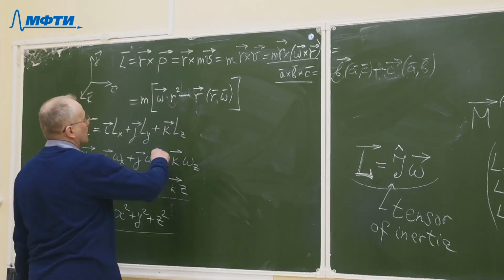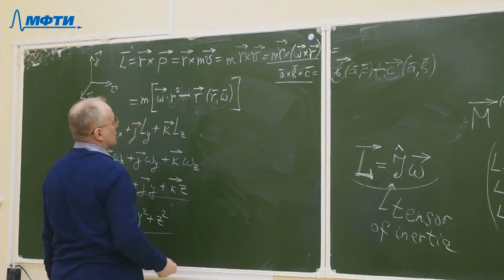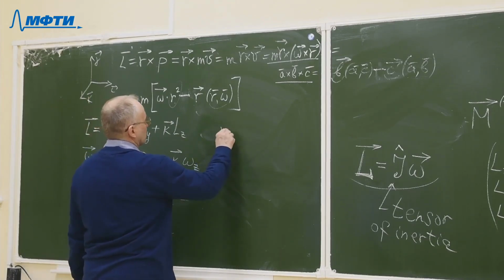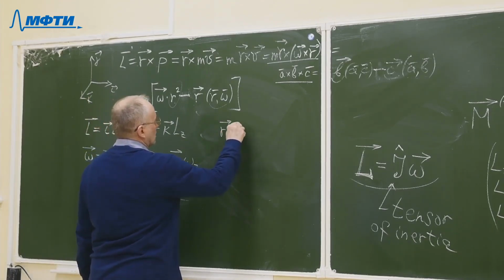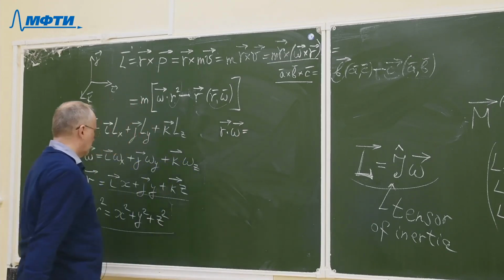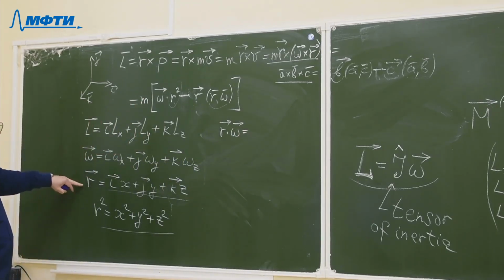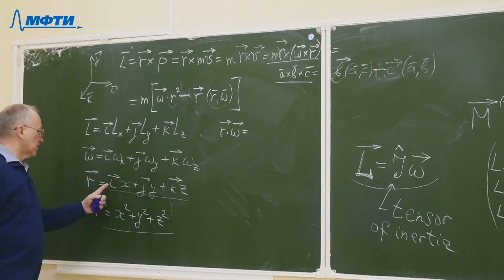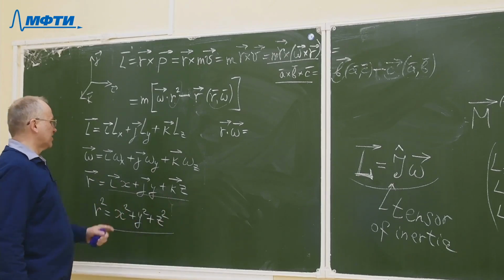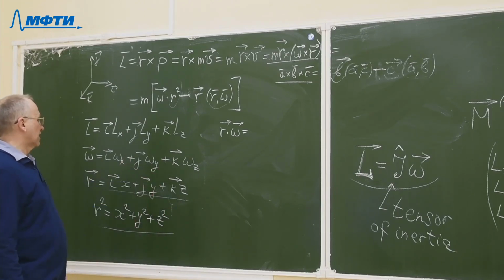And what is the scalar product r times omega, or dot product? We must multiply the second line and the third line here, and after such multiplication, again, cross products will vanish, because different unit vectors are perpendicular in a Cartesian reference frame.